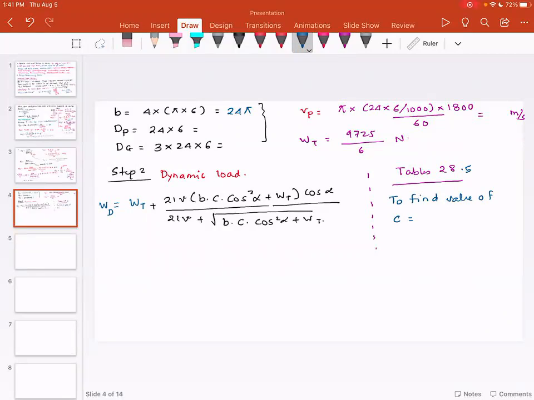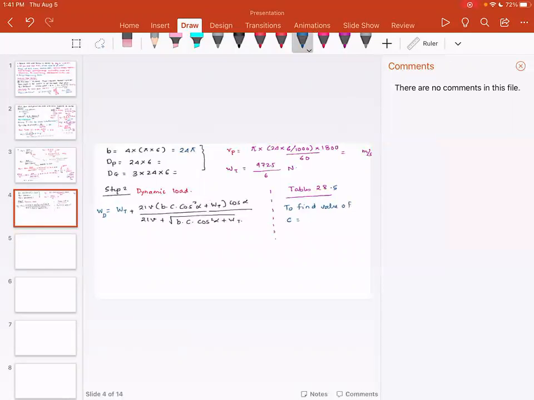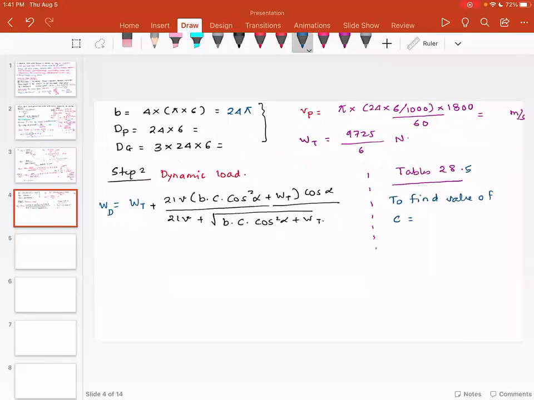Now, if you look at the table 28.5, this is cast steel. So I want you to look at cast steel.